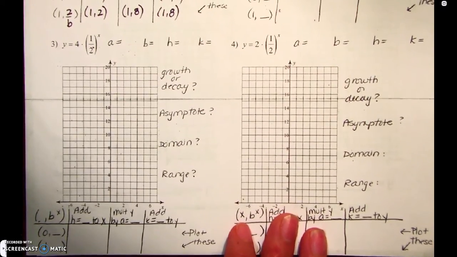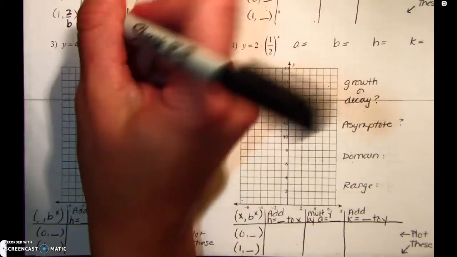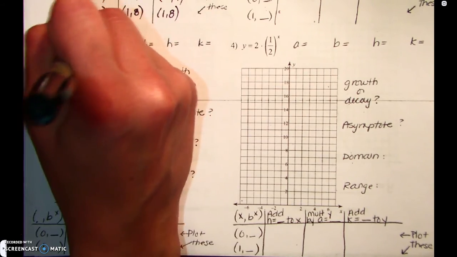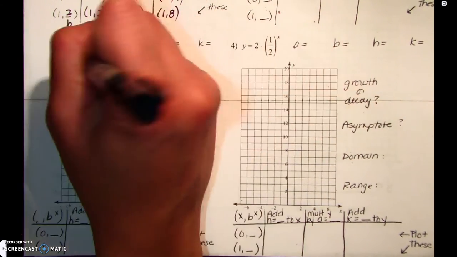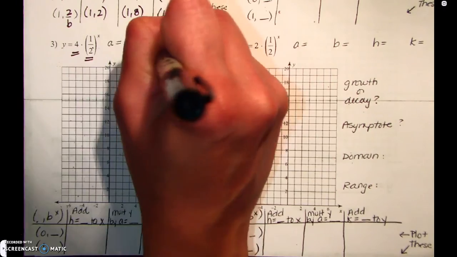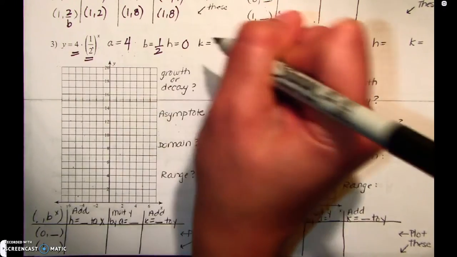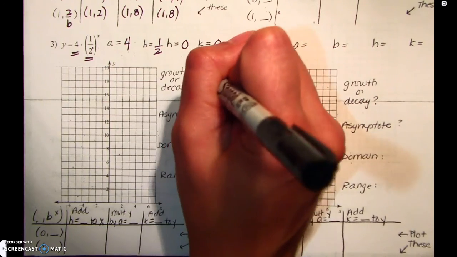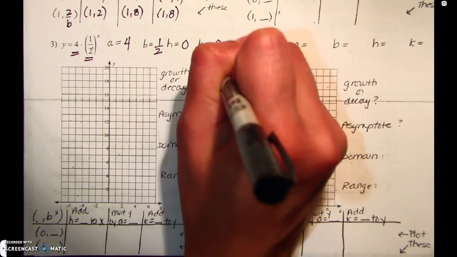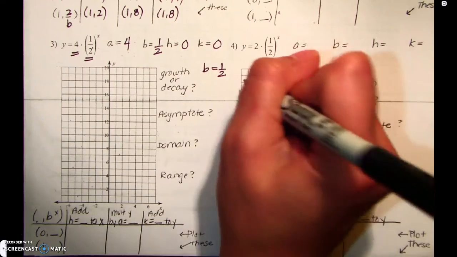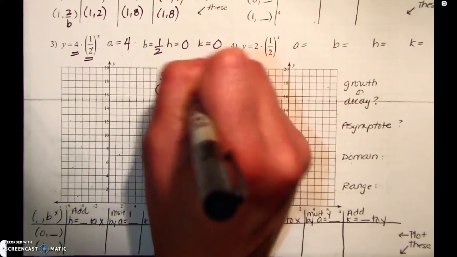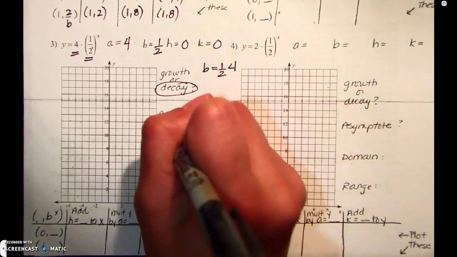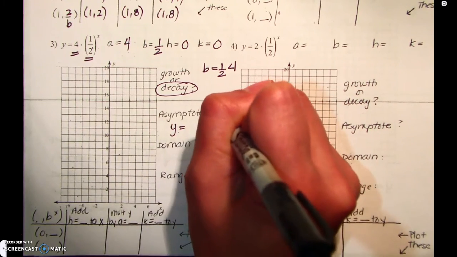Okay, we look at number 3. What is the value of A? In this case, A is 4, B is 1/2, H, there is no H, and then K, there is also no K. So my growth or decay is based on B. In this case, B is less than 1, so this is going to be a decay. The asymptote is dependent on our K value.